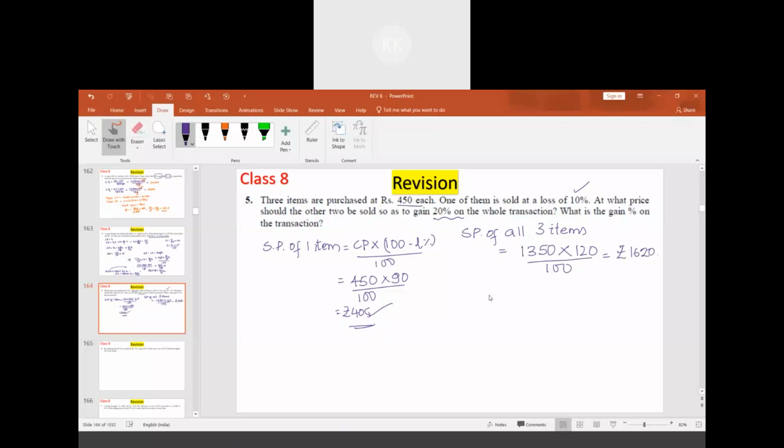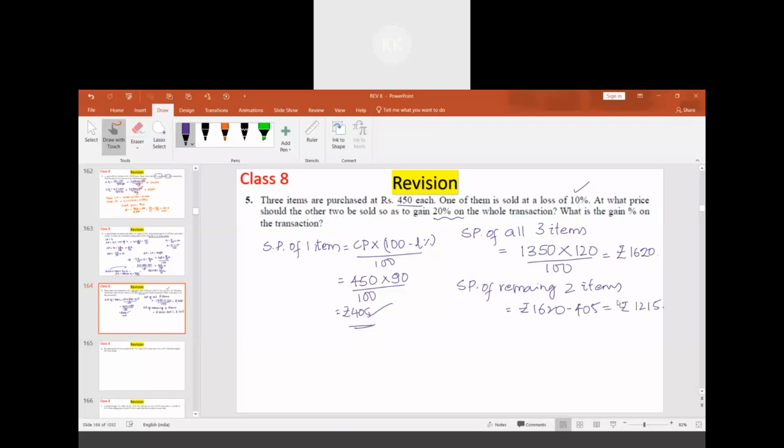So SP of the remaining two items will be equal to rupees 1620 minus 405. How much is that? This will be equal to rupees 1215.